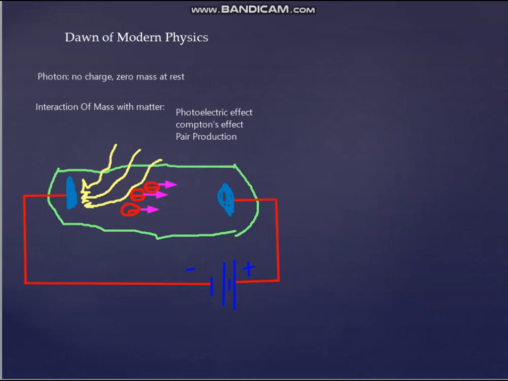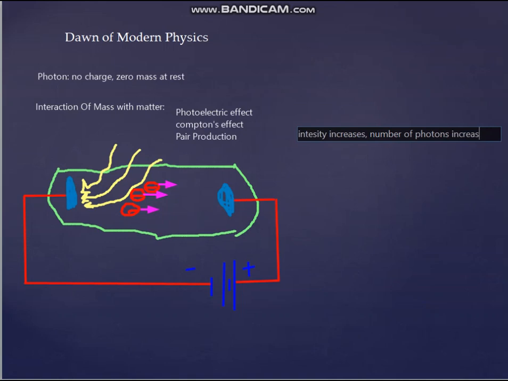There are a few laws of photoelectric effect. The first one is that when we increase the intensity of light, the number of photoelectrons increases. Intensity increases, number of photoelectrons increases.